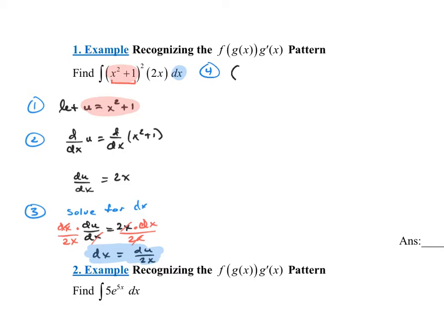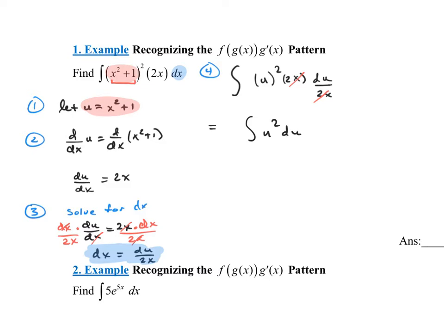So instead of x squared plus 1 quantity squared, that would be u squared. Then we have the 2x is still there, but then we substitute for dx as well. So not only are we substituting in for u, we're also substituting in for dx. According to our blue highlighted area, dx would equal du over 2x. Notice what happens: the 2x's simplify, and you're left with the integral of u squared du.